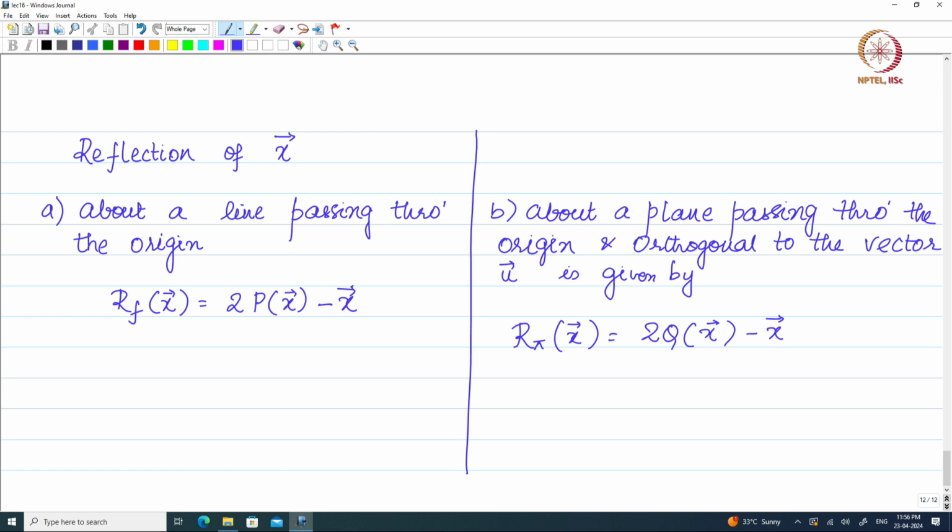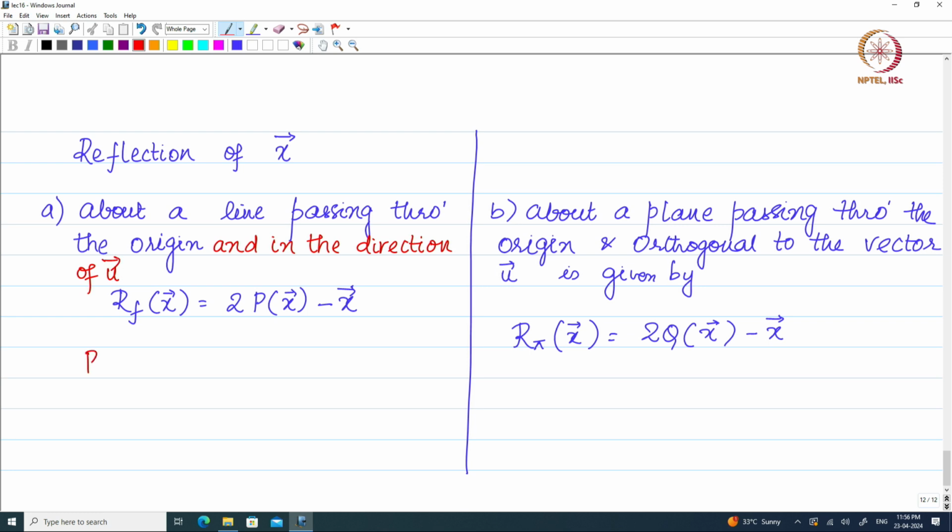And in this case, reflection of x about a line passing through the origin and in the direction of a vector u, right. This is what it is.